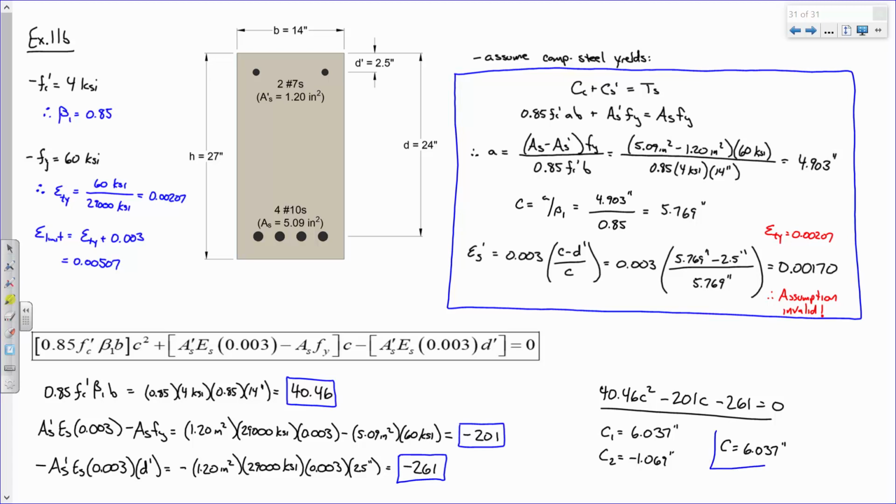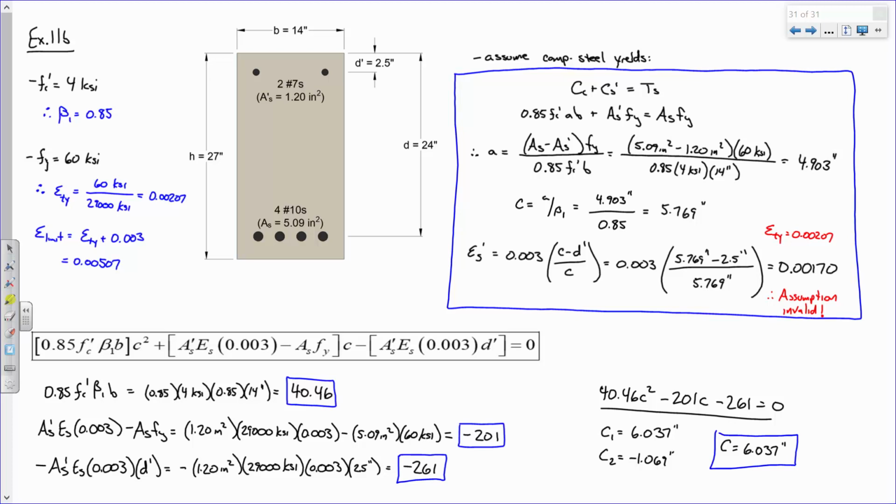Okay? Now, I want to point out, this is different than that, okay? When we assumed that the compression steel yielded, we got a c value of 5.77 inches. That was wrong, okay? So you almost have to think to yourself, that value's gone. Gone. The new value is 6.037.